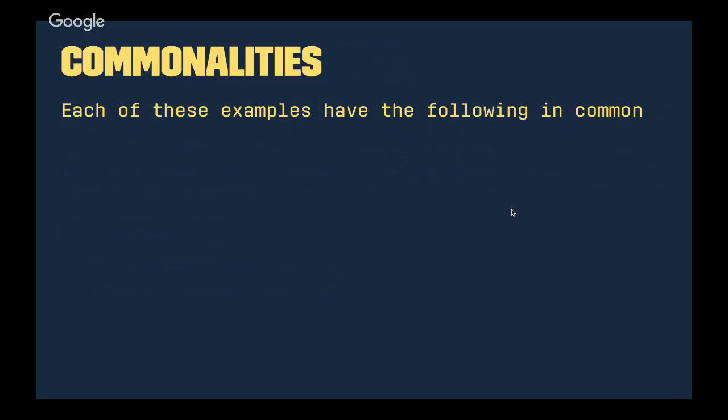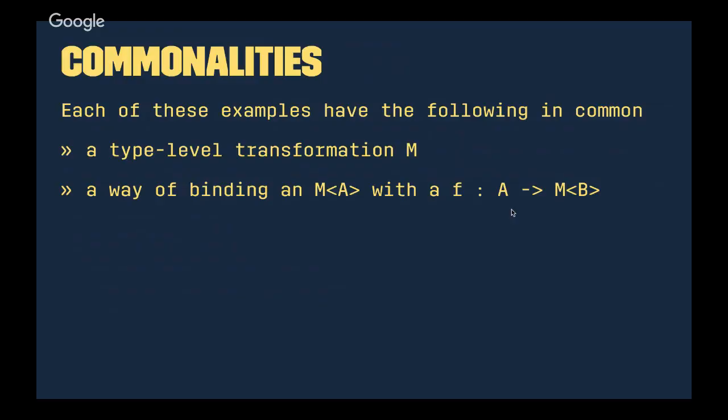So what do these all have in common? Each of the examples has a type level transformation that I'm going to call M, right? That takes the base type and extends it somehow. There's a way of lifting a function, right? If you have this enriched thing, and you have a function that would take a non-enriched thing up to an enriched thing, the words here are terrible, I'm sorry, but if you have a function of that shape, you have a way of binding it together.